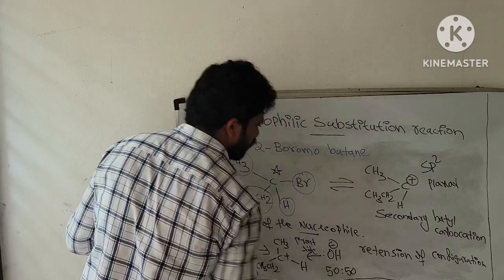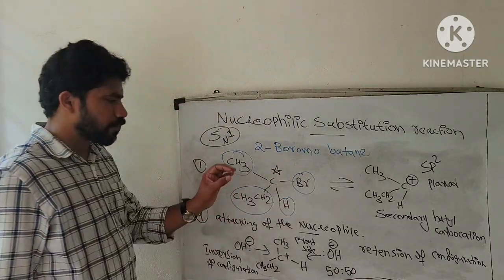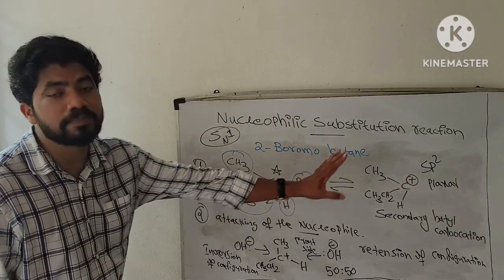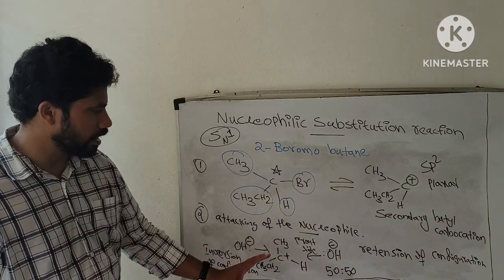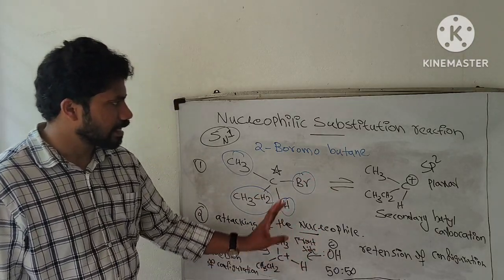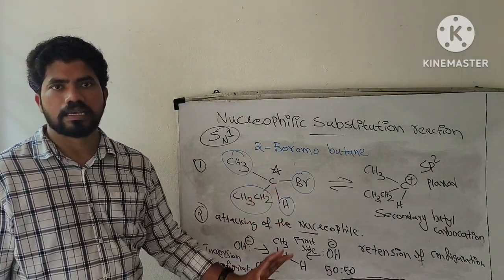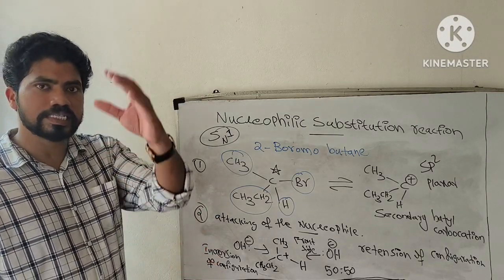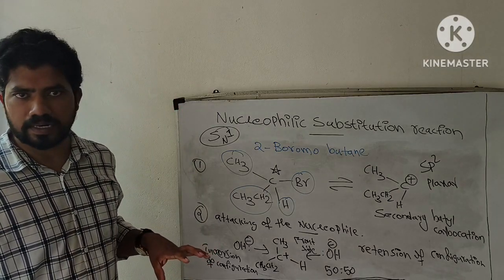From the secondary butyl carbocation, you will get the product secondary butyl alcohol. That product is stereoisomers or enantiomers. Enantiomers are stereoisomers that have non-superimposable mirror images.